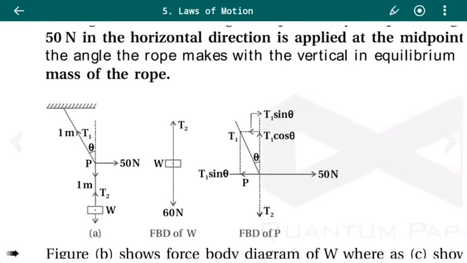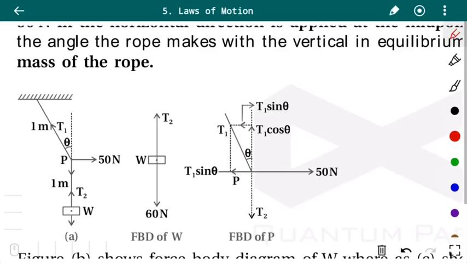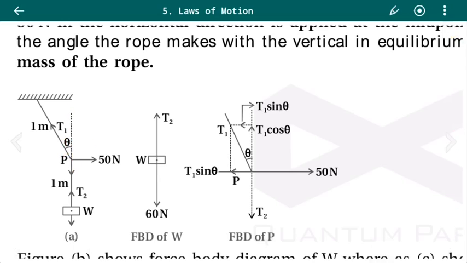So here we need to find the angle that is made by the rope with the vertical direction, because it moves like this, it makes the angle theta with the vertical axis. So that theta we need to find over here.